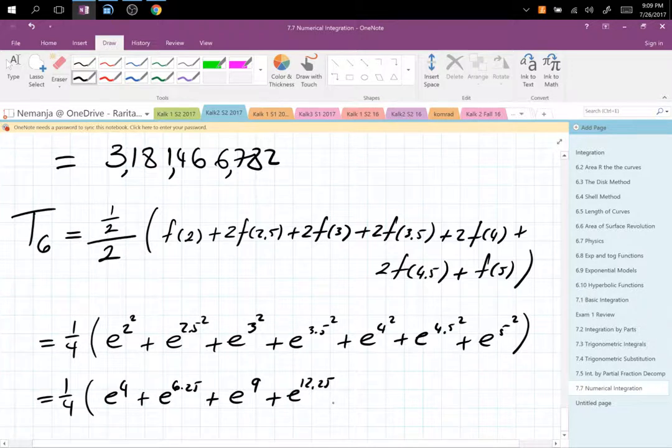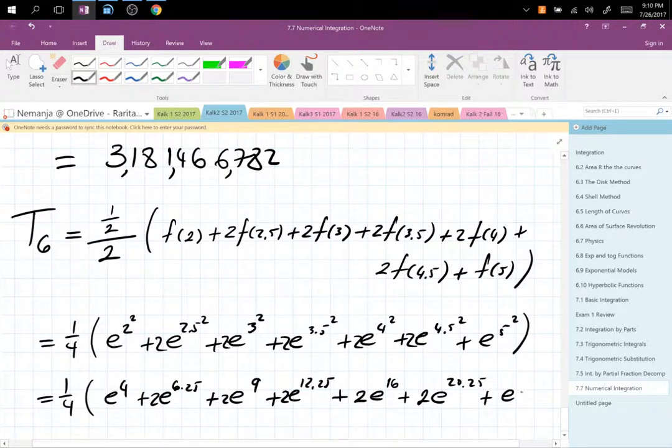All those have 2's in front of them? All the ones crammed in the middle? Yeah, they have. Oh yeah, as you can see, they all have it. Plus 2e to the 16 plus 2e, see, they're all 2's. 2e to the 20.25 plus single e to 25.